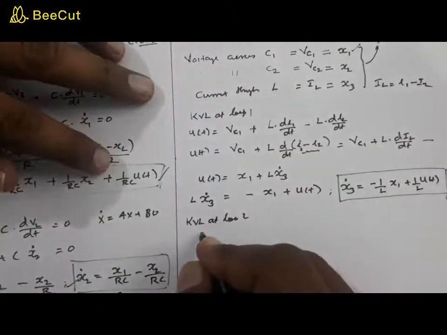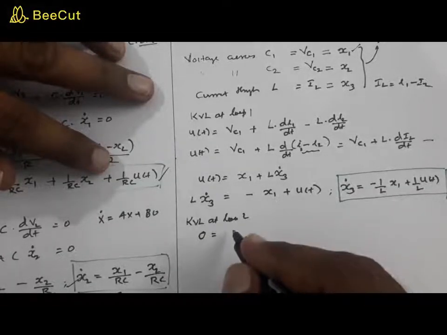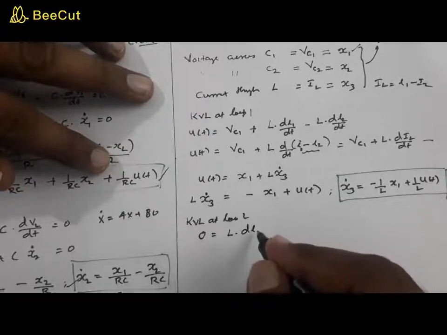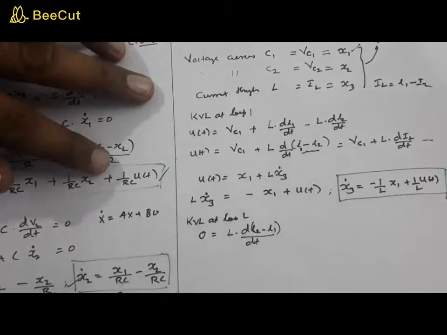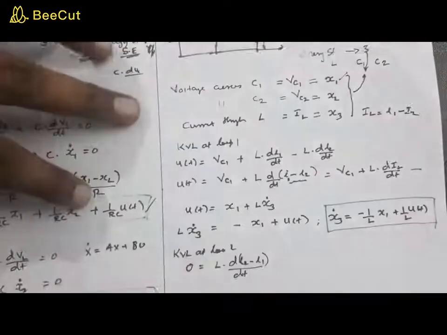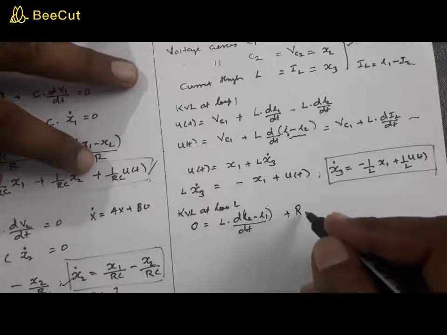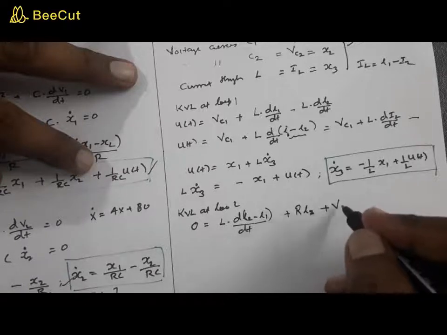Now this will be 0 is equal to L into d(I2 minus I1) by dt, because in this loop I2 is the main current, plus R into I2, plus VC2.